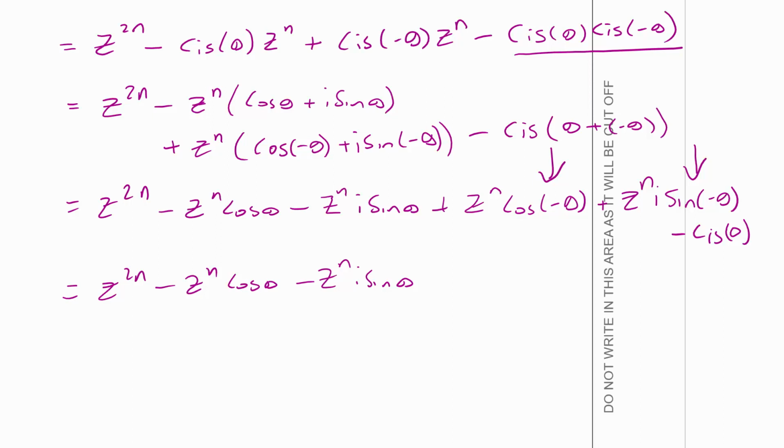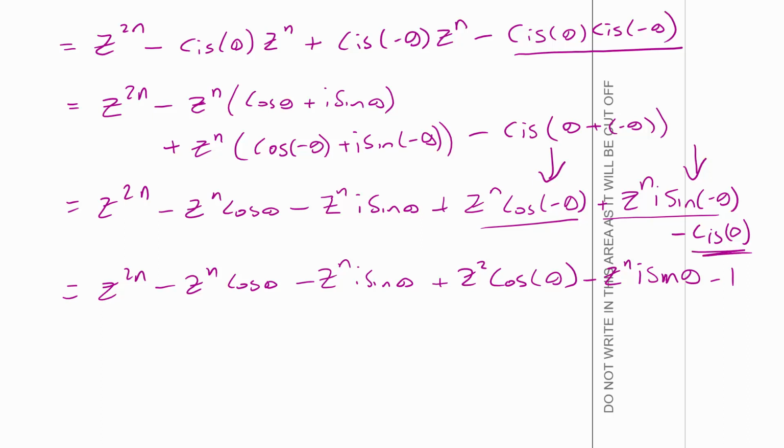And then this one is going to be plus z to the n cos theta, because it's an even function, so cos negative theta is equal to cos theta. But the other one will become take away z to the n I sine theta, because sine is an odd function. And then we just got the take away 1 on the end. Remember, cis 0 is just 1.